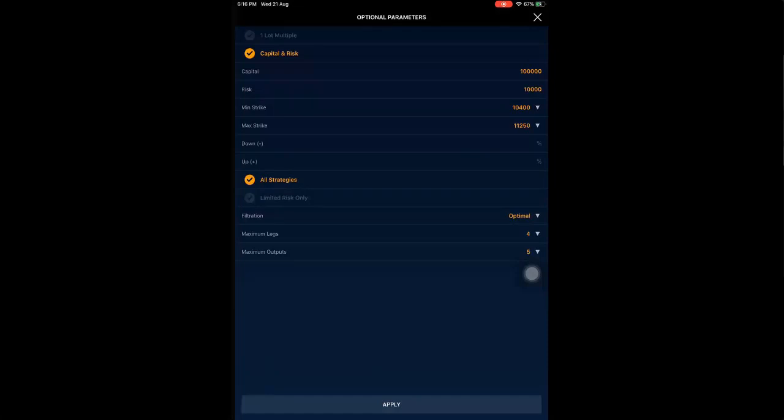But say it gives you a deep in the money or deep out of the money option which you don't want to do. You can customize and select this min and max strike so that you can narrow your entire strike selection criteria. I'm keeping it the same. Then comes down and up.